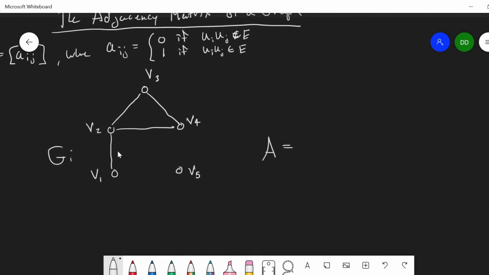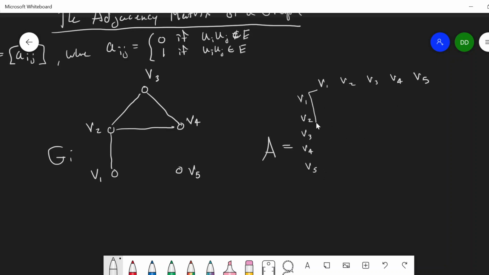So okay, here's a graph. Let's look at an example. Let's build the adjacency matrix of this graph. For every vertex of the graph, I have a row and I have a column. So I'll label the rows v1, v2, v3, v4, v5, and I also have one for each column, v1, v2, v3, v4, v5.